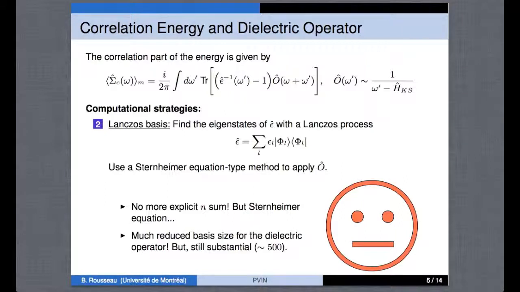And it's well known that this operator has very few eigenvalues that are significantly different from 1. And you can see that if this eigenvalue is equal to 1, then there will be no contribution to this trace. So this approach leads to a much reduced basis size to evaluate this correlation energy. However, computing these eigenstates is still a significant challenge.